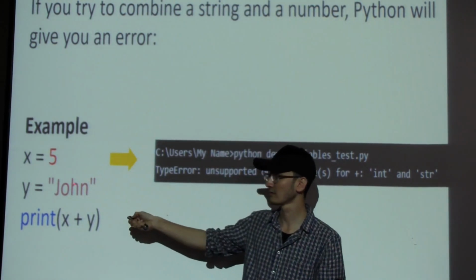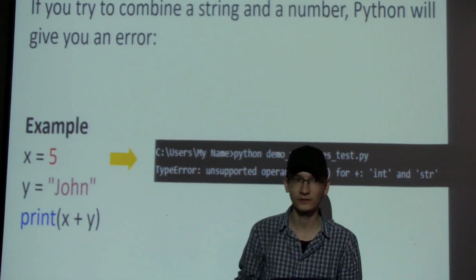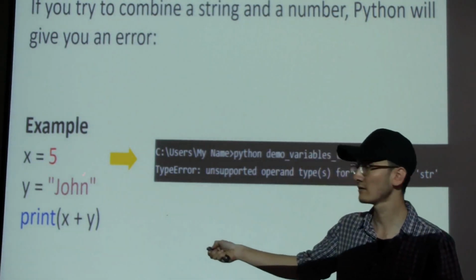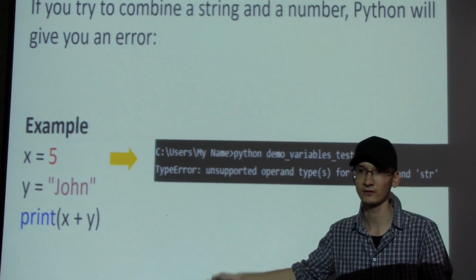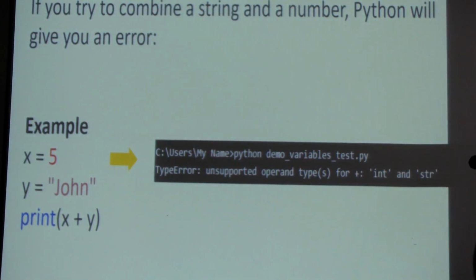But here it doesn't work. A variable number plus a string. They should be the same type all the time, but there is one trick. This is also in our next lessons. I will explain it.